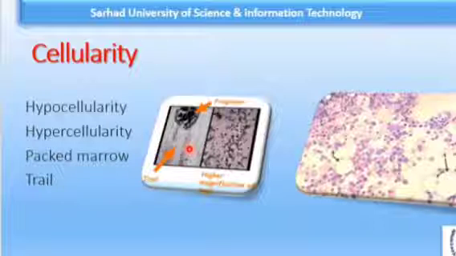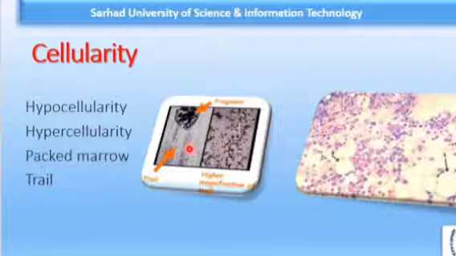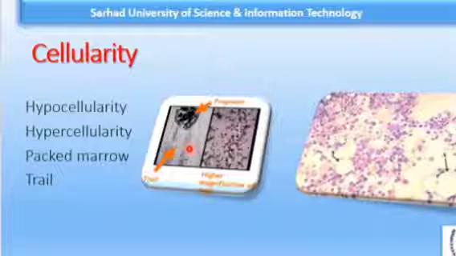If the proportion of hematopoietic tissue is less than this, then the marrow is termed hypocellular, and if it is more, the marrow is termed hypercellular. Sometimes fragments are composed only of a thick mass. This is sometimes called packed marrow.